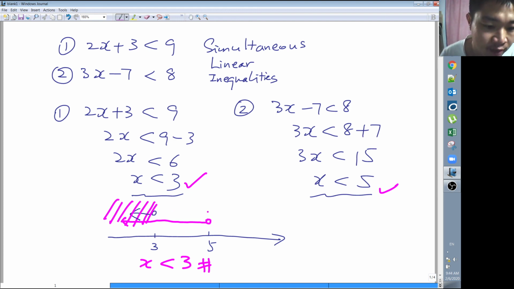Okay, and then shade. So this is your step 1. Shade the overlap portion, and then just write down the overlap portion, which is x is smaller than 3 in this case. Okay, so this is the final answer for this question.